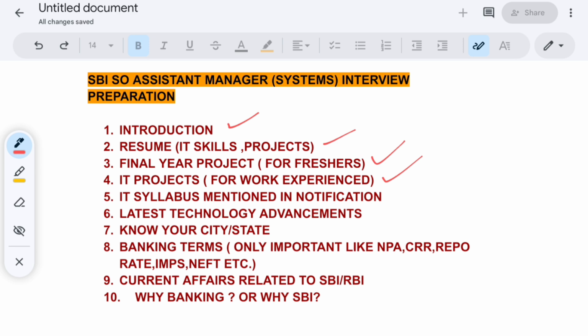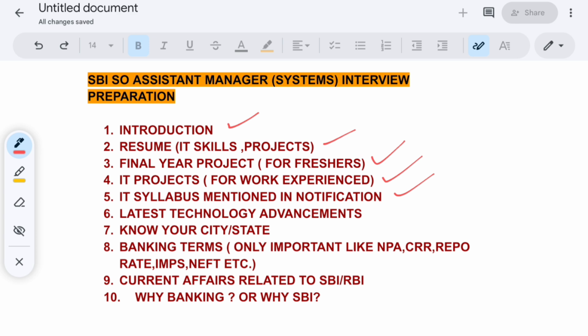Now the next point is what else they can ask. If they ask these four topics, then after that they will be left with the IT syllabus mentioned in the notification. You should revise that again, because questions can also come from cloud computing, computer networks, and all the other topics which are very important for this role.